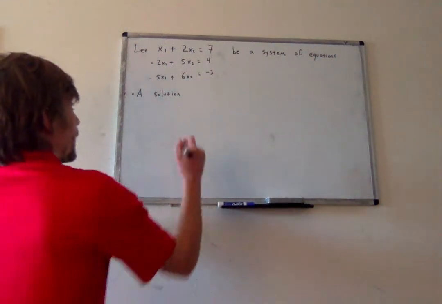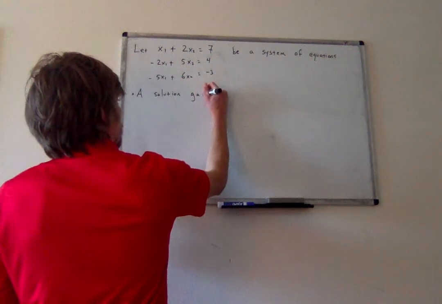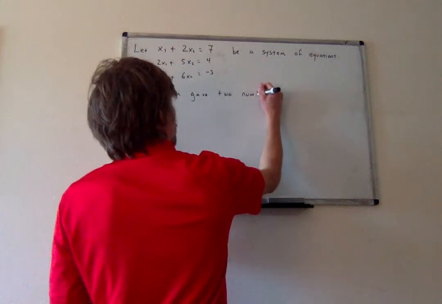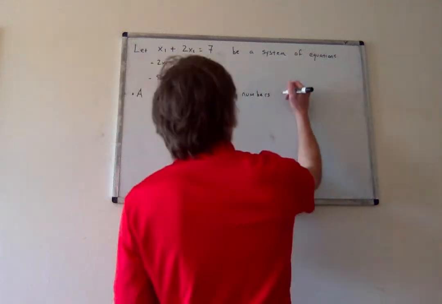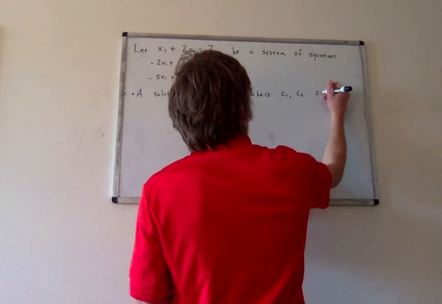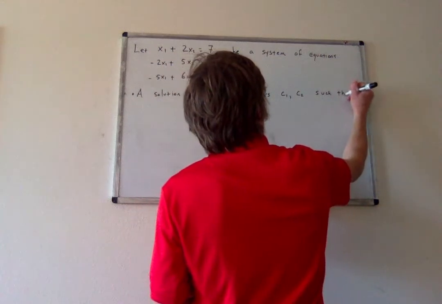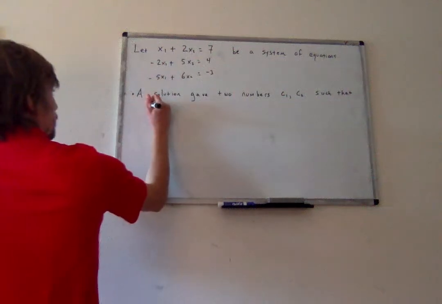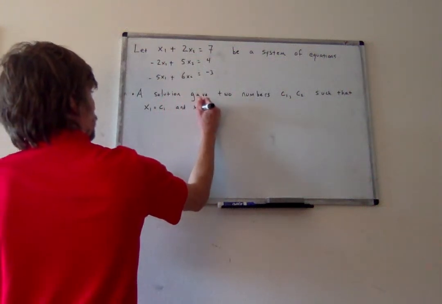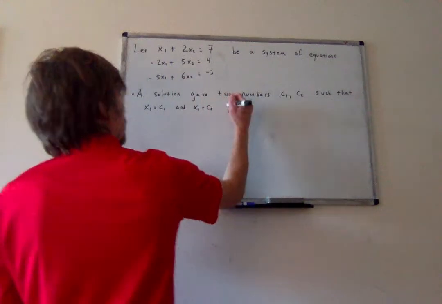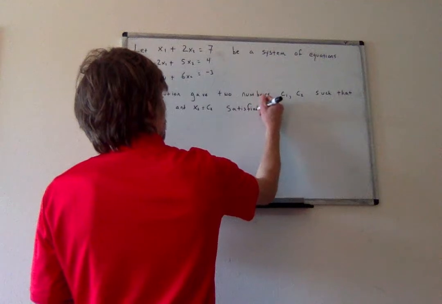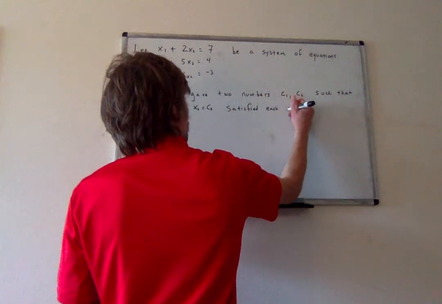So a solution gave two numbers, which for now we'll just call C1 and C2, such that x1 equals C1 and x2 equals C2 satisfied each equation.